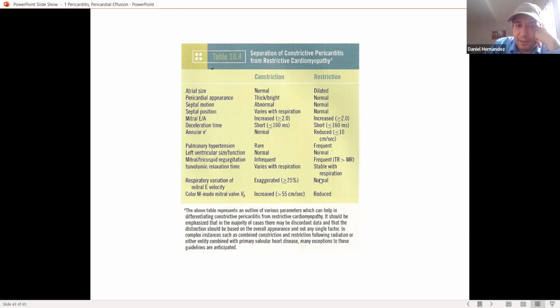We don't see any marked respiratory variation on our mitral E velocities, so they remain constant during the patient's inspiration and expiration. So use the respiratory variations and our annular velocities to really differentiate between restrictive cardiomyopathy and constrictive pericarditis. That's basically your real main takeaways.